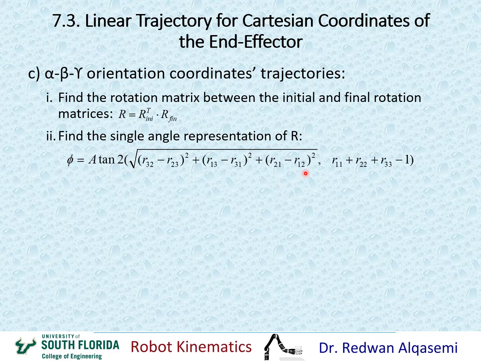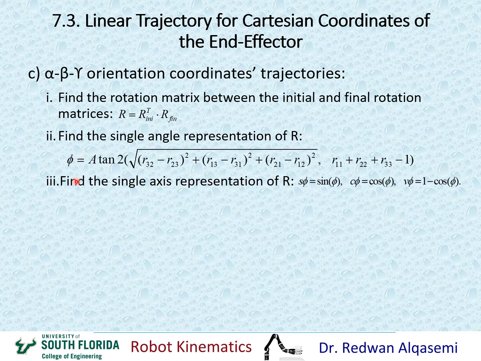The first argument represents the sine of phi, and the second argument represents the cosine of phi. All of these elements are taken from the rotation matrix R that we found here. So basically R32 is the third row, second column of that rotation matrix. So if we substitute this, we can find phi, which represents the single angle for our rotation matrix.